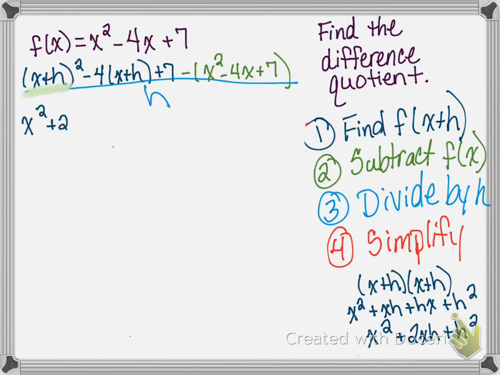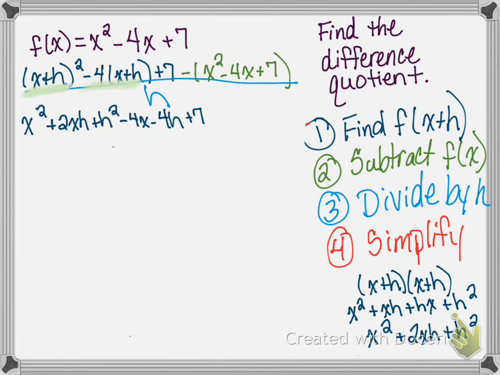plus 2xh plus h squared. The next thing I've got to do is distribute my negative 4. So I have negative 4x minus 4h. So I have dealt with this right here. Then what do I have left?